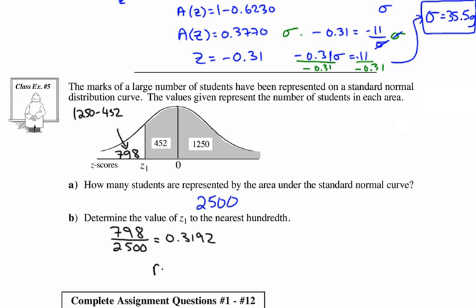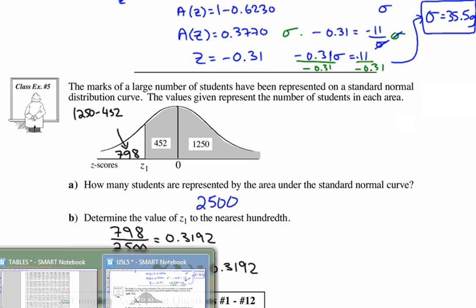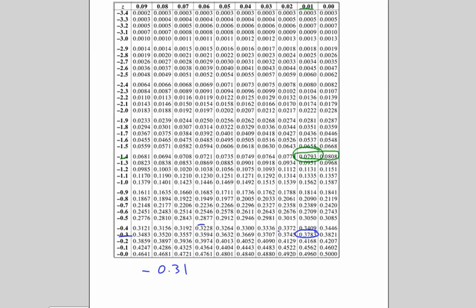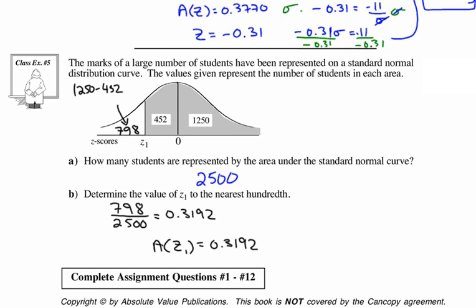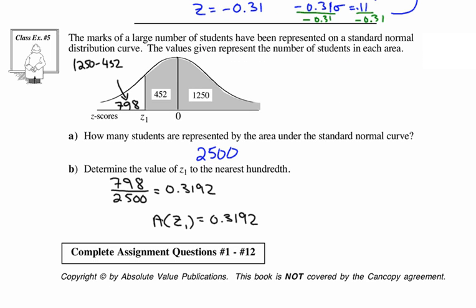And so in order to find Z1, I know the area to the left, so I'm just going to use my chart. 0.3192, there it is perfectly: negative 0.47. So our Z-score is negative 0.47. And that is it. That concludes this lesson.